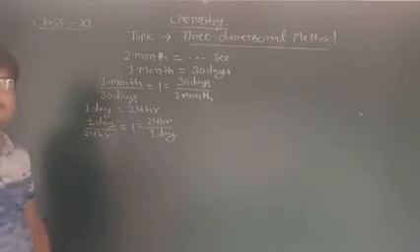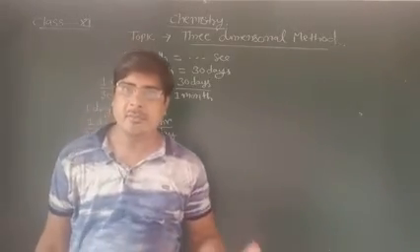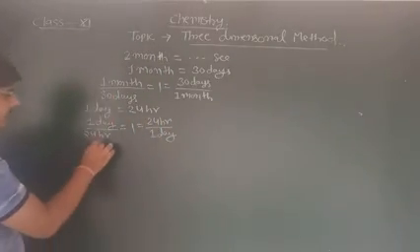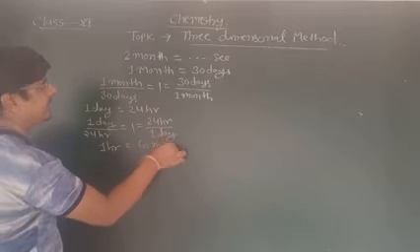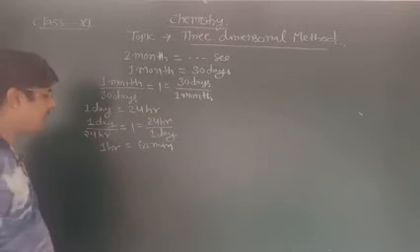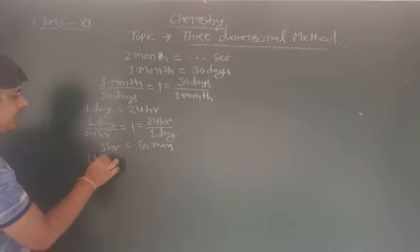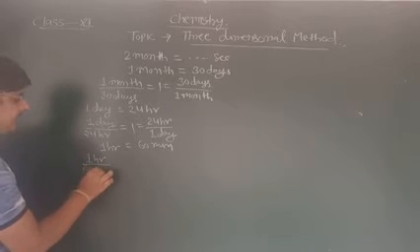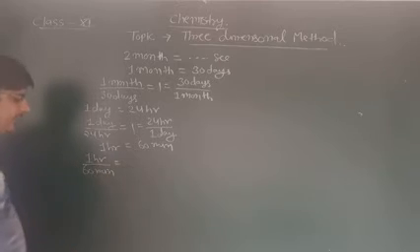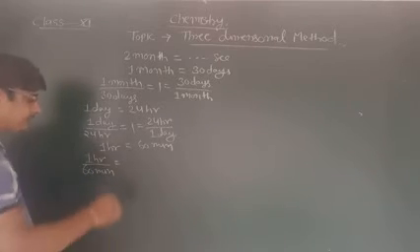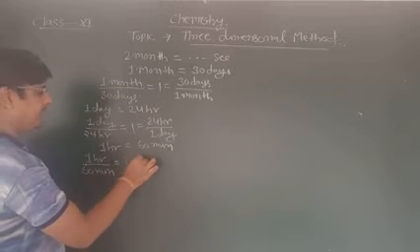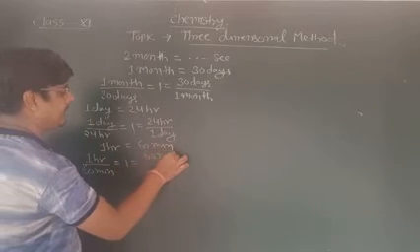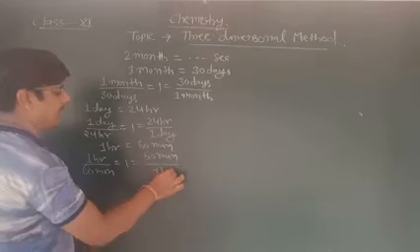Then convert hour into minute. 1 hour is equal to 60 minutes, so 1 hour upon 60 minutes is equal to 1, which is equal to 60 minutes upon 1 hour.